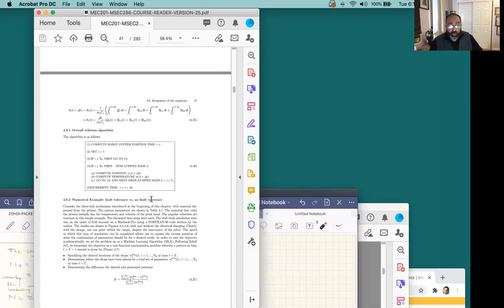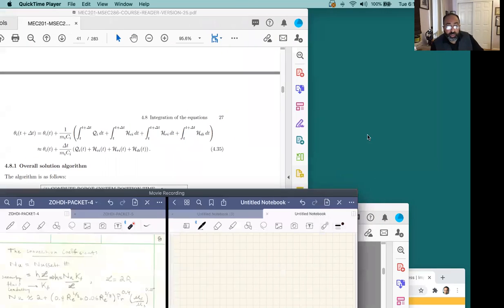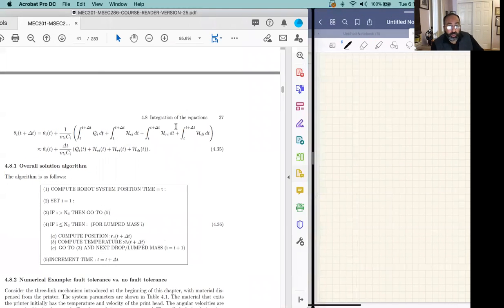So if we start to think about what the algorithm is for your system to work, let's take a look. We compute the robot position at any given moment in time. Let me come here on the side and draw a little sketch while we're talking about that. The sketch is the object, the robot, and at any given moment in time it's at some location here, and it lays an egg in the air.